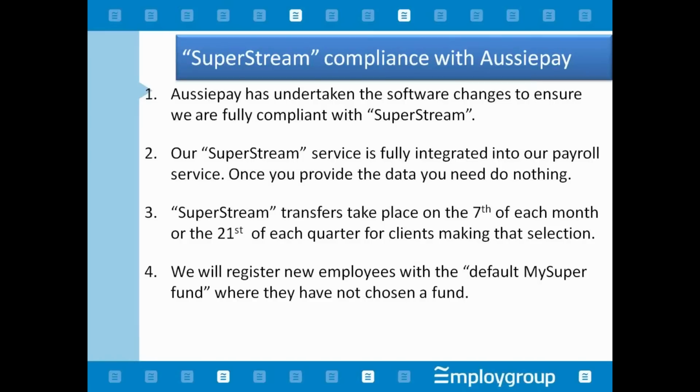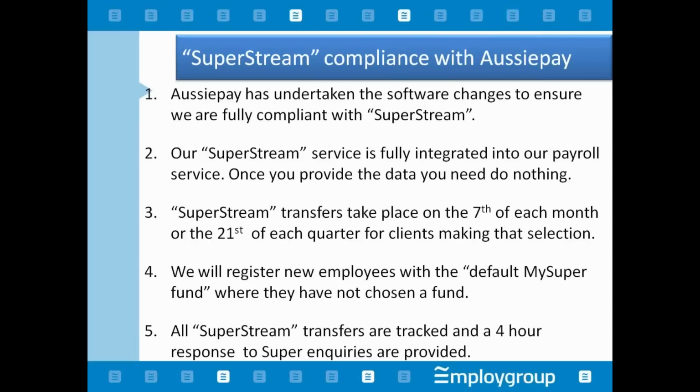And you can choose one or the other. And we'll register new employees with the default My Super Fund where they have not chosen a fund. All SuperStream transfers are tracked, and if you have any inquiries or any issues, we'll offer a 4-hour response to any super inquiries.